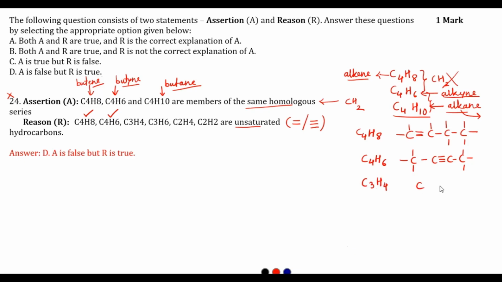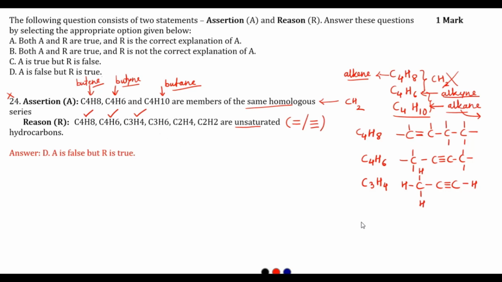So I take C3 and only 4 H. 1, 2, 3, then 1, 4, over. This carbon should have 1 bond here, and this carbon 3 bonds. Valence check: balanced. So this is also unsaturated.